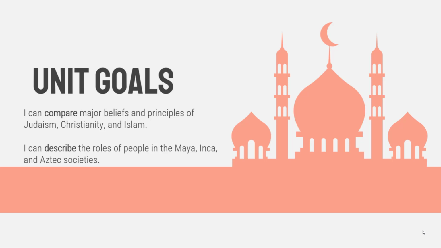More than likely it's going to be looking at the similarities and differences between these world religions, specifically in this case Judaism, Christianity, and Islam, because they had a big impact on the world, but also looking at other religions of the ancient civilizations such as Africa, and of the Amerindians or Native American people such as the Maya, Inca, and Aztec societies. Okay, so here we go.